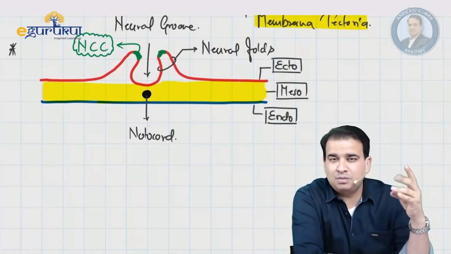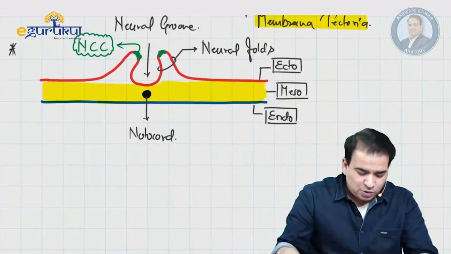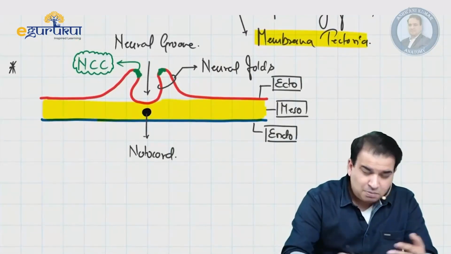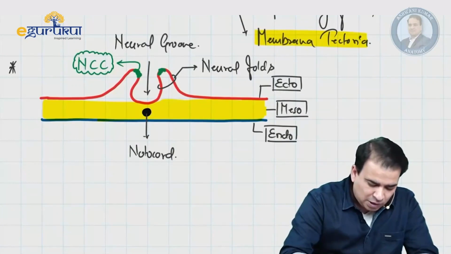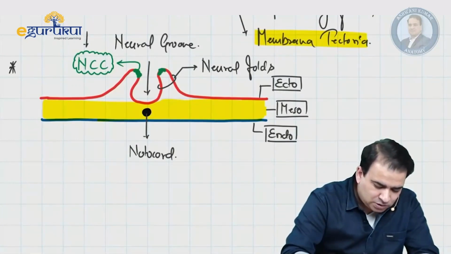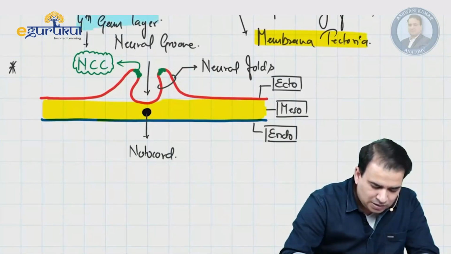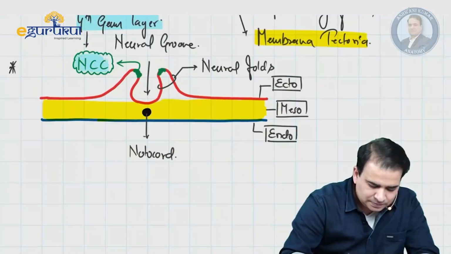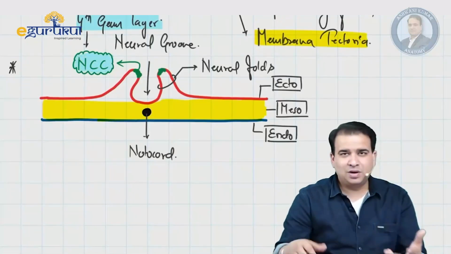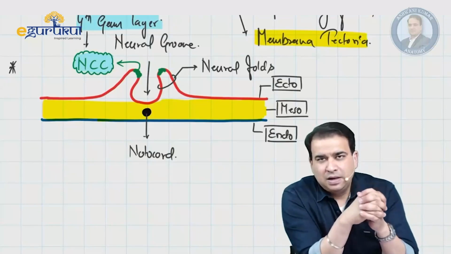Imagine ectoderm, endoderm, mesoderm, three germ layers, and the neural crest cells, because of the number of structures formed by it, is now also regarded as the fourth germ layer. This again could be a question: what is called the fourth germ layer? That is the neural crest cells. We'll talk more about the derivatives of neural crest cells later in this part.